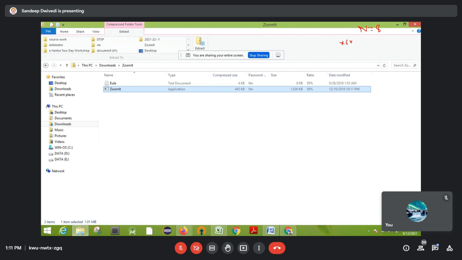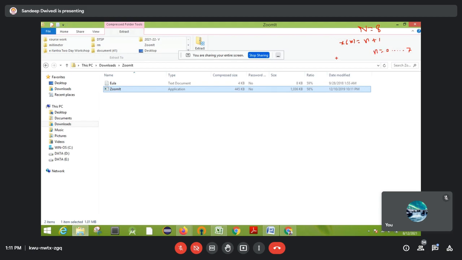X of n is equal to n plus 1. Okay, so here that small n is 0 to 7. What will be the value of this small n? It will be 0 to capital N minus 1, that means 7. Okay, so from this you can write that x of 0 will be n plus 1, that means it will be 1, because n is 0 for the first value.